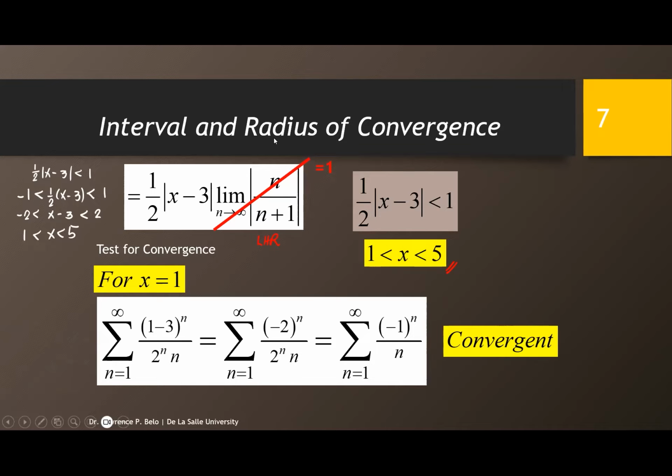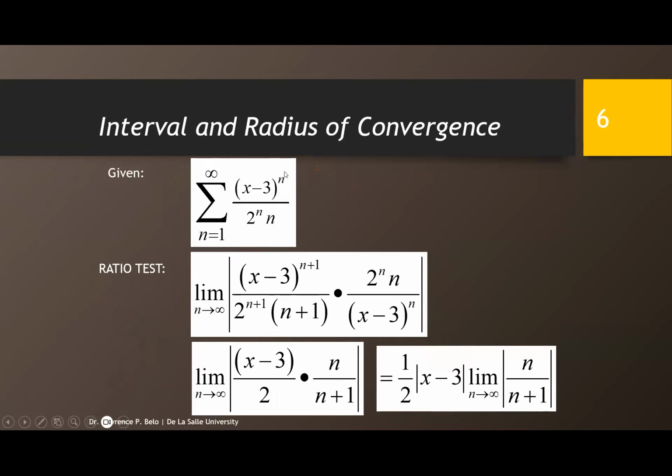So if I ask you, what is the interval of convergence? The answer will be coming from 1 up to 5. The thing is, we will try to look if the series converges at 1, if it converges at 5, so we know if those endpoints are included or not. So what we do here is, when x is equal to 1, just plug in 1 in the original summation.